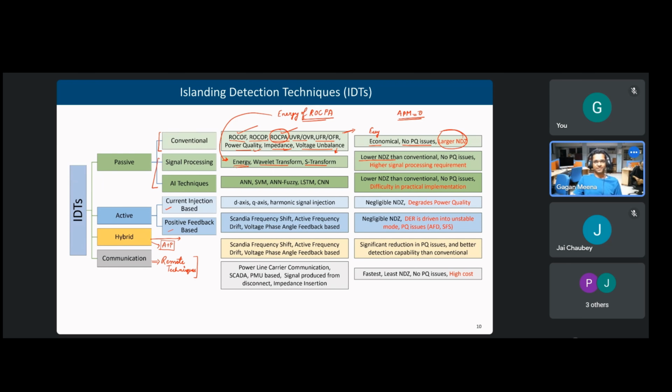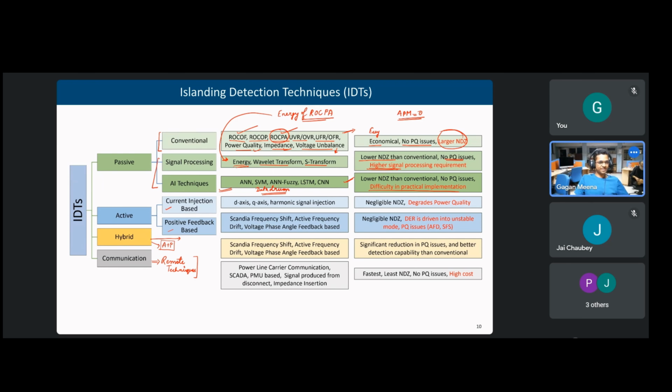We saw negative sequence, superimposed negative, and D-axis harmonic current injection methods. The advantage is that the non-detection zone is less in comparison to the passive techniques. But the problem is power quality issues, because here we are injecting harmonics, some disturbance, which leads to power quality degradation.